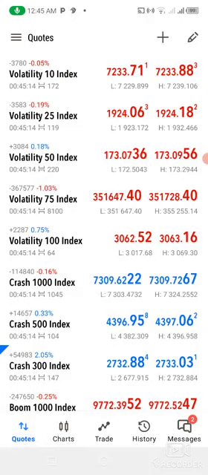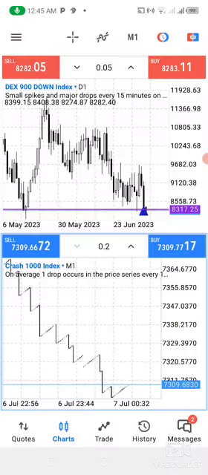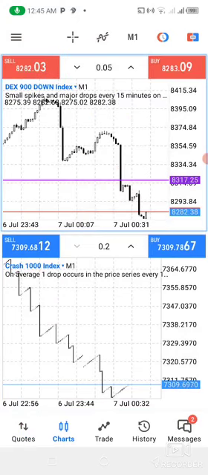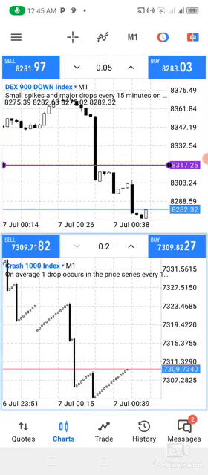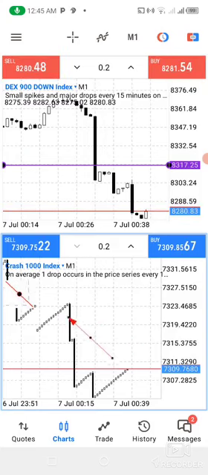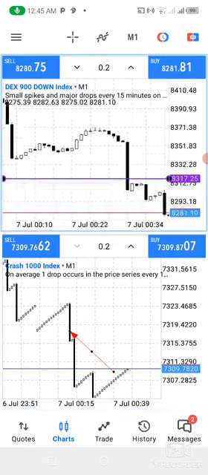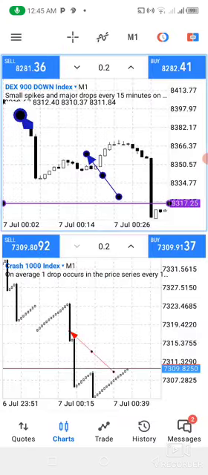If we open crash 1000, this is the 1 minute time frame. This is our DEX 900 index, and then this is crash 1000. Remember, in a crash market we also have this drop. Now what is the difference? We need to understand this intuitively for us to go far here.